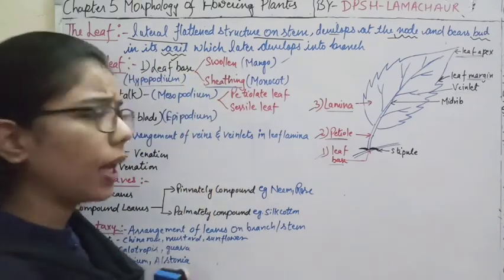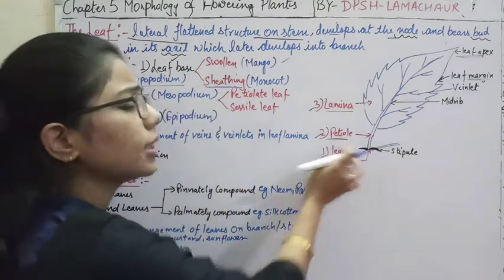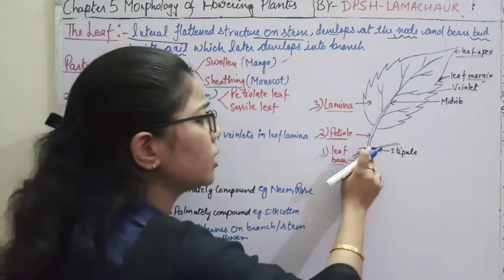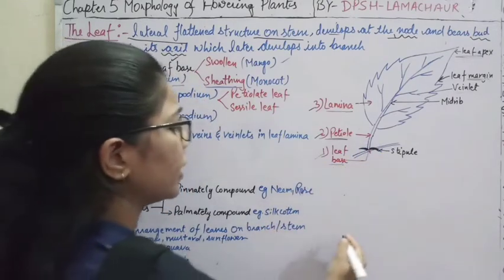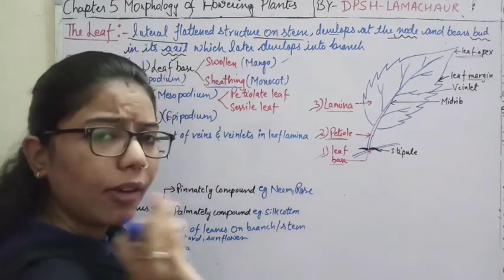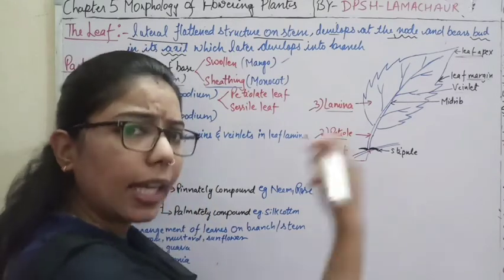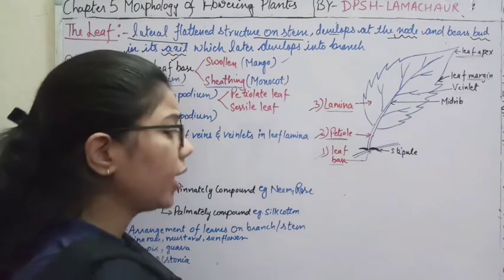Now, another type of leaf base. In some plants, the base is different because there is no such structure. If you talk about monocots, like maize, wheat, rice, how is the leaf arising? It is not arising like this.